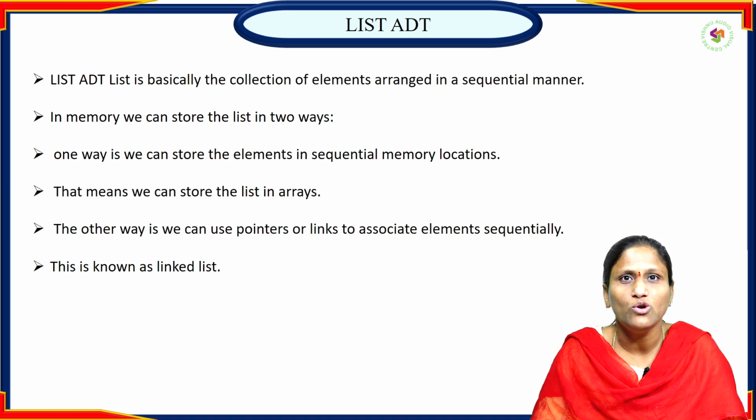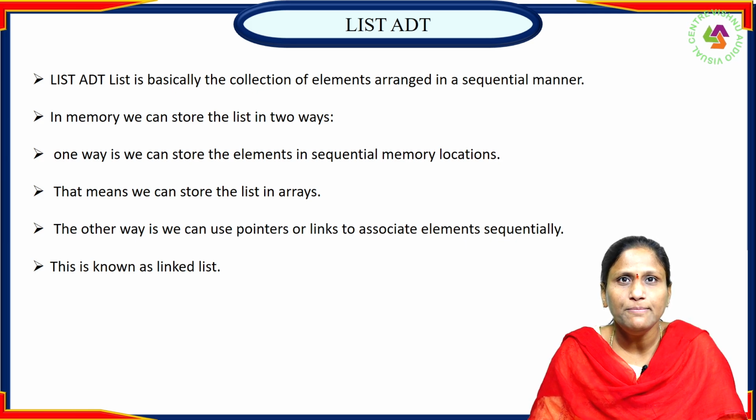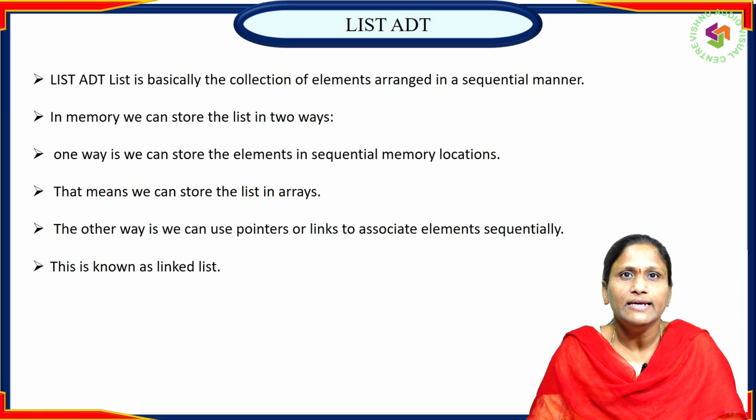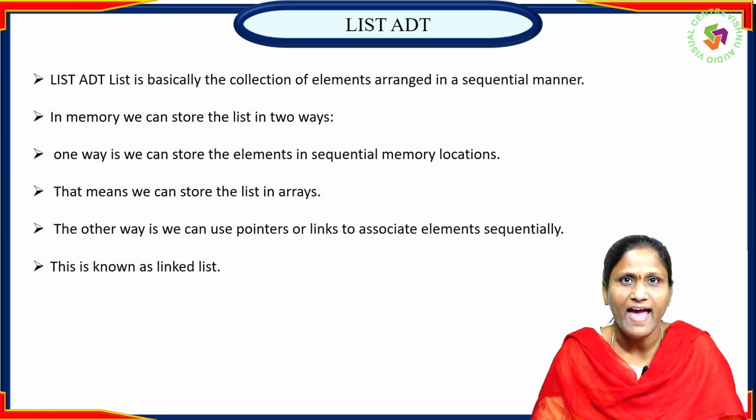But that is not possible with the array. Once the elements are added to the array, the elements can neither be deleted nor added in the middle. So the array is static, whereas the linked list or the list is dynamic.